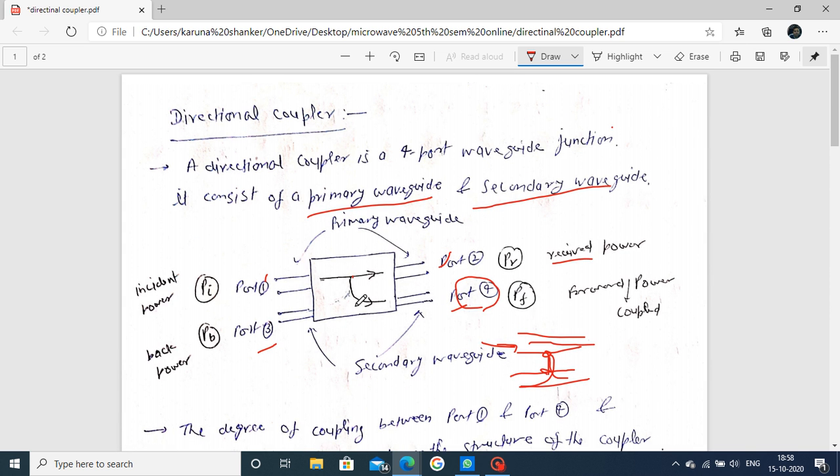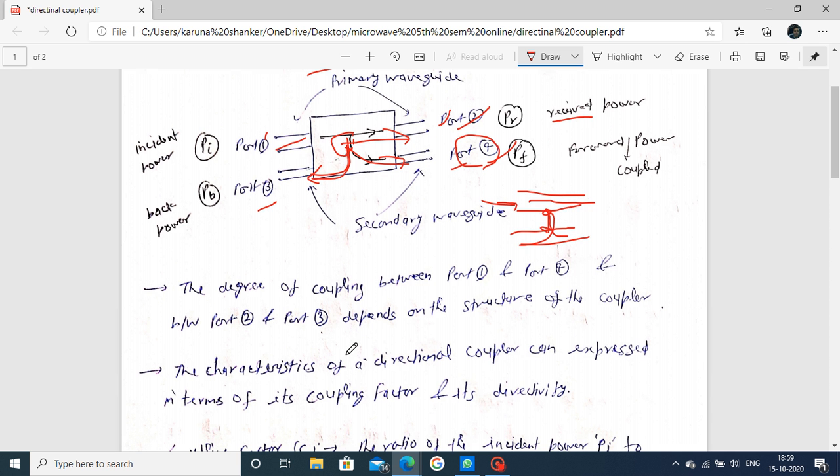Similarly, whatever power is applied at port number 1 moves to the port number 2 side, also to the port number 4 side, and some portion to port number 3. Port 1 is called the incident port, port 2 the receive port, port 4 the coupled port or forward coupled power port, and port 3 the back power port. This is your directional coupler.